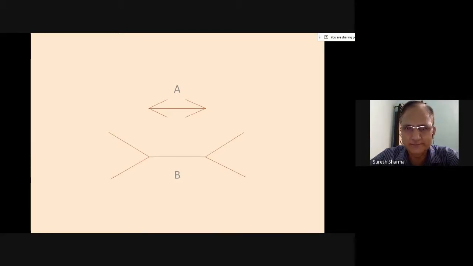Somebody says A looks smaller. Let's test your knowledge. Somebody was saying both of them are equal. Correct. But if you see from your eye, A looks smaller and B looks larger.